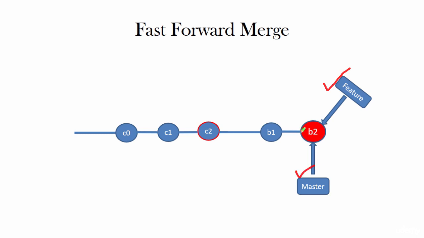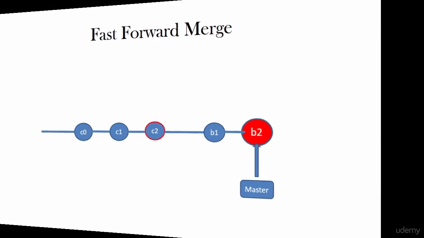Both the feature branch and master branch point to B2 as the head, and once we delete the feature branch, only the master branch remains, and the fact that we branched off is not preserved at all.